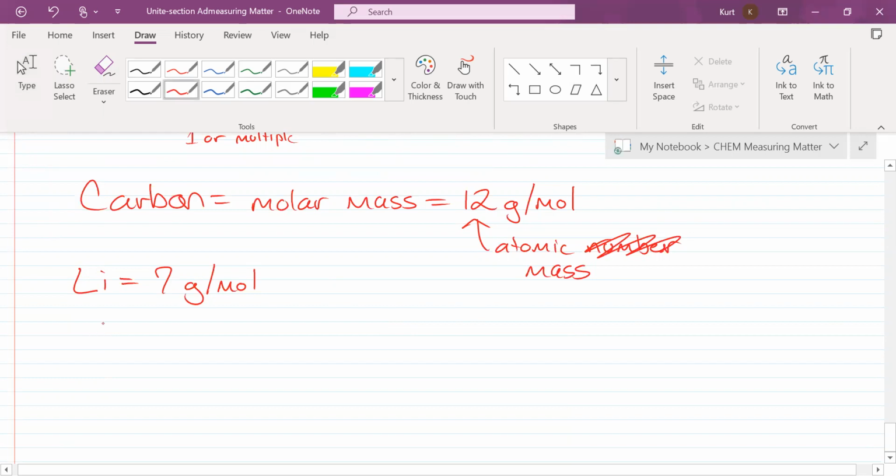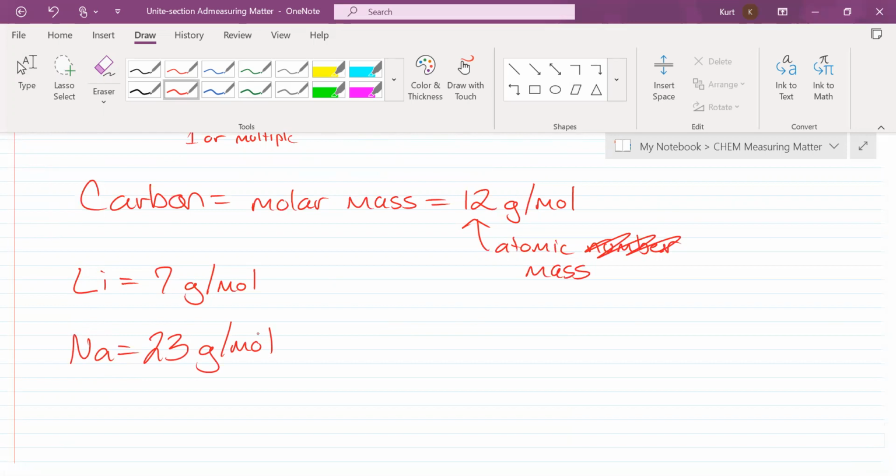Scout, let's make it easy for you all. Sodium, what is the molar mass? 23 grams per mole. Okay. Juliana, how about silicon, Si? How many grams per mole? 28 grams per mole. Good.